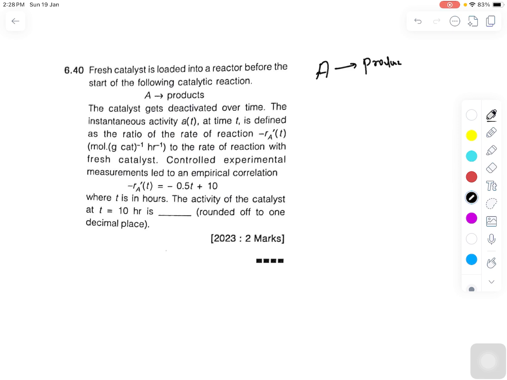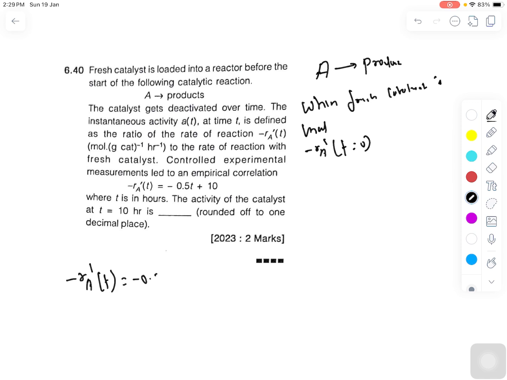When fresh catalyst is used, minus RA dash will be equal to that at t equals 0. Is that clear? So minus RA dash at t is given as minus 0.5 t plus 10, right?